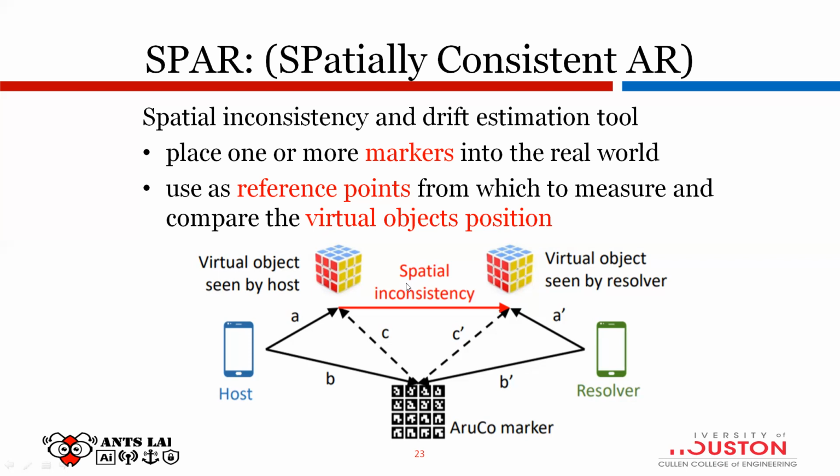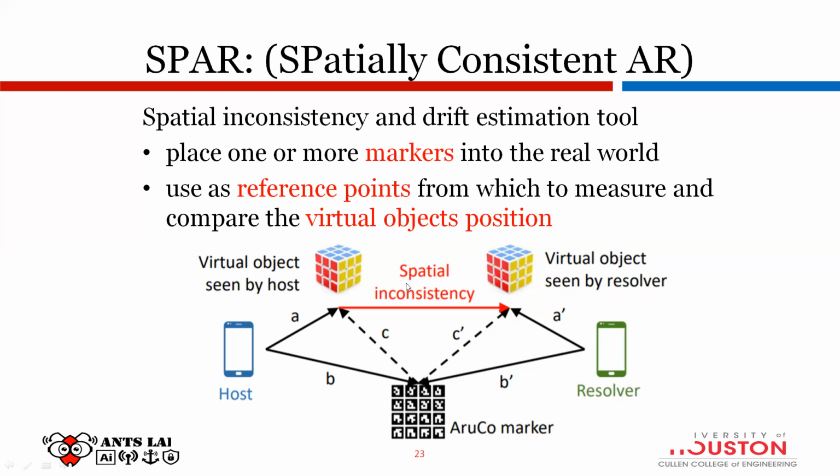For this one, why do you want to calculate spatial inconsistency? If you get the red line, does it help you to quickly transport the coordinate, or what? Why do you want to get this information? Okay, yeah.